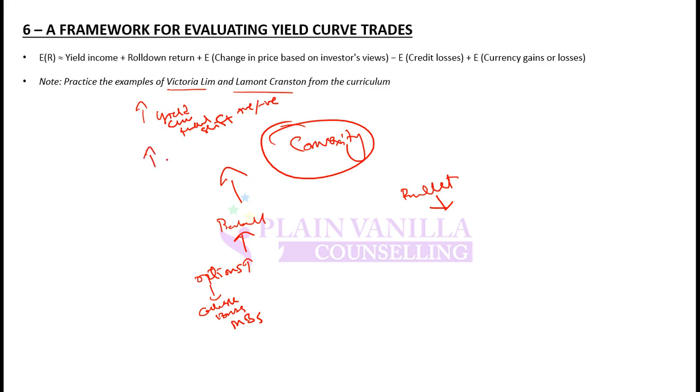You will outperform in yield curve flattening, when curvature increases, and if volatility is increasing.